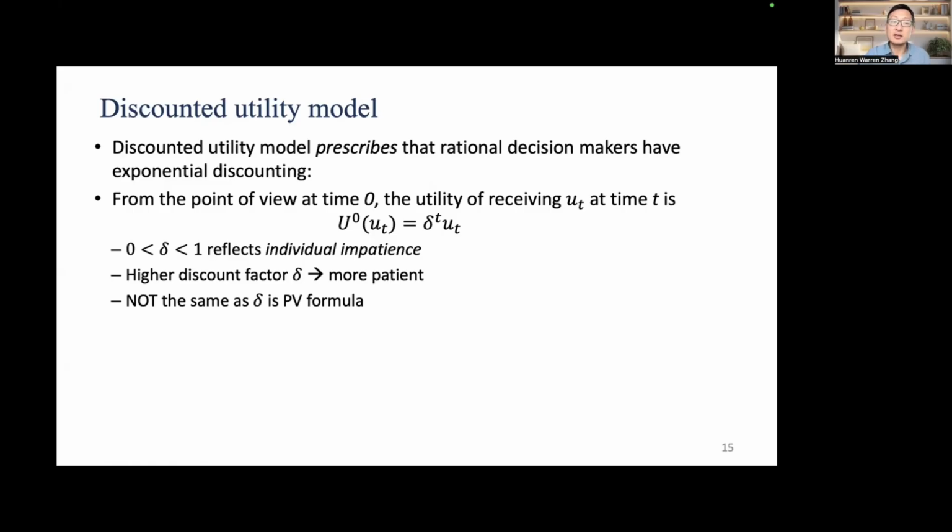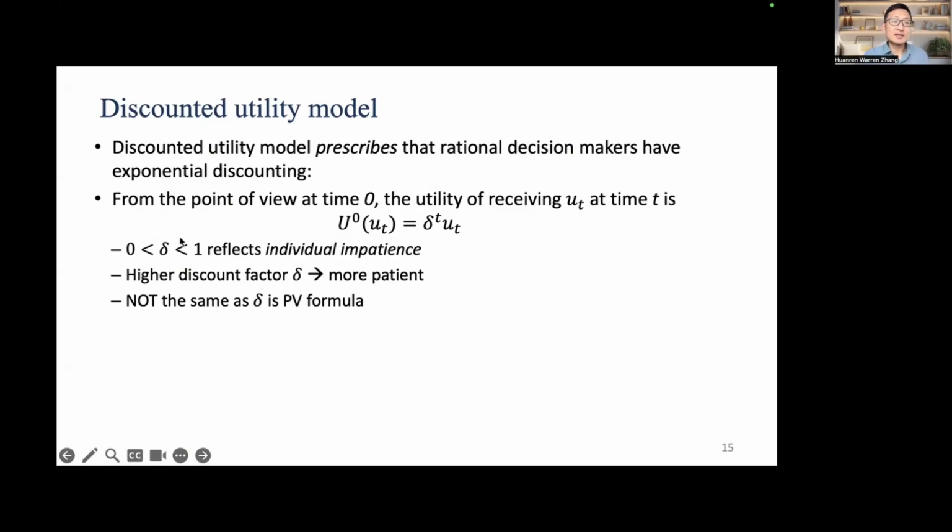Right? So you see here, this discounting is very similar to this discounting of future value to the present value, right? So we discount future value, we get the present value. We discount future utility, we get the present utility. Right? So that's why it's called discounted utility model. And here, delta is called a discount factor, right?